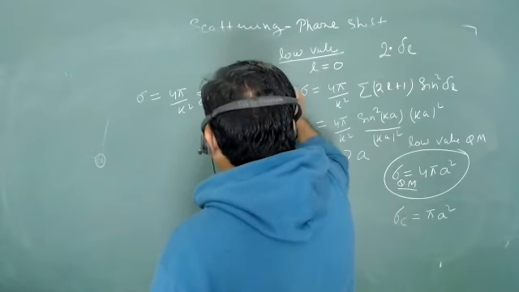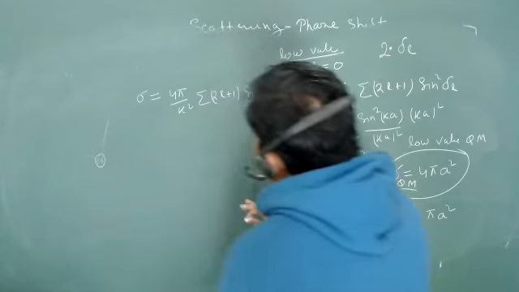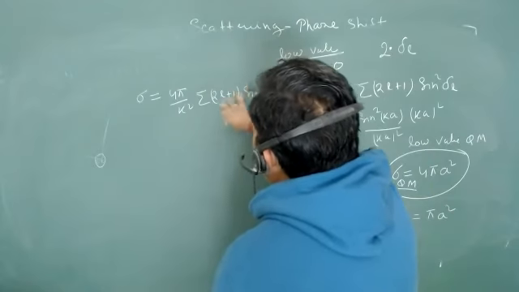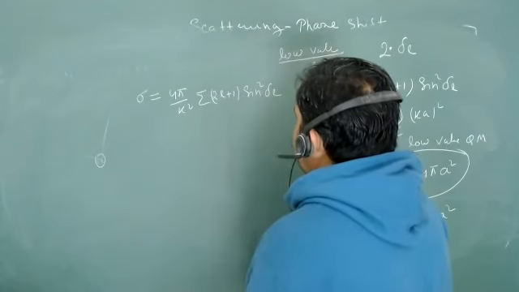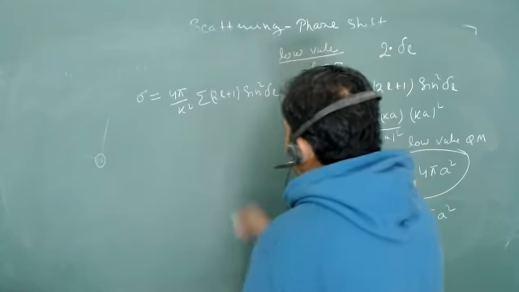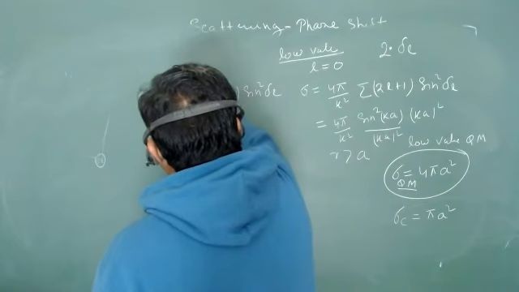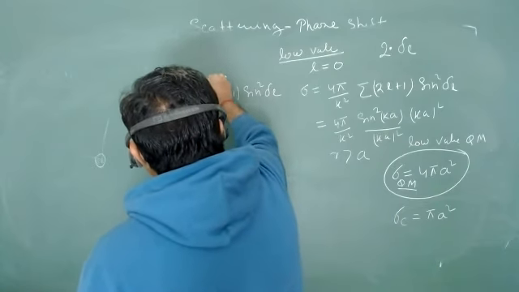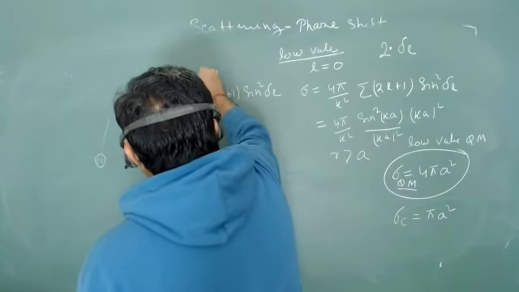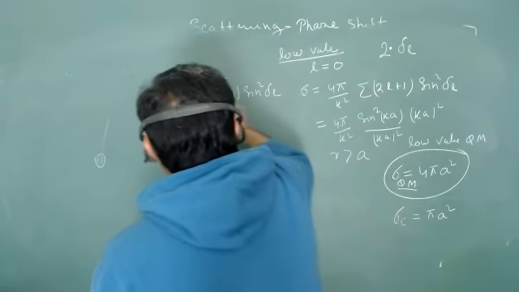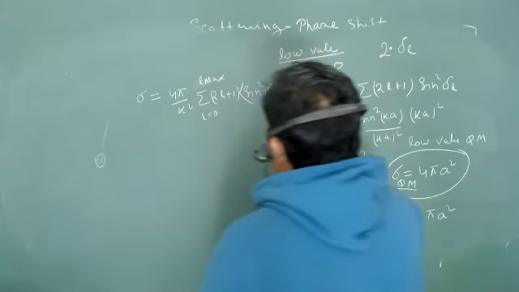sine square delta L or delta k. So what will happen? Now all the possible L will be there. L will go from 0 to L maximum, all possible L. And we can take the average value of this.